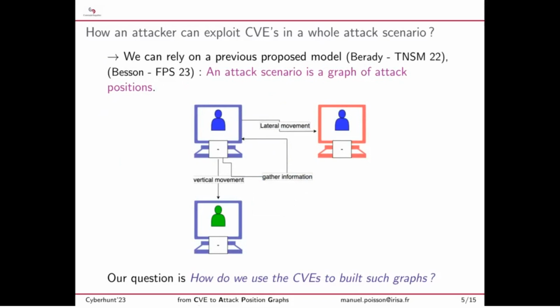For example, he can perform lateral movements when he keeps controlling the same user but moves to a different machine. Or he can gather information and stay with the same account on the same machine, but increase his knowledge of the information system. And finally, he can perform vertical movements, so he stays on the same machine but gains control over a new user.